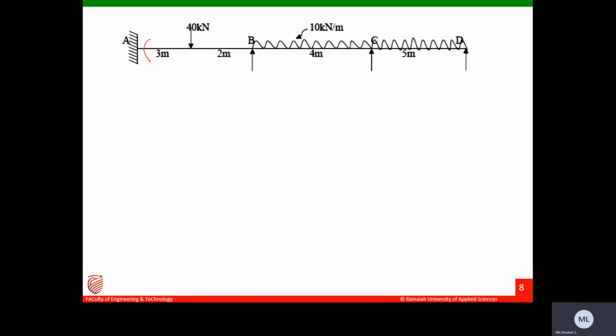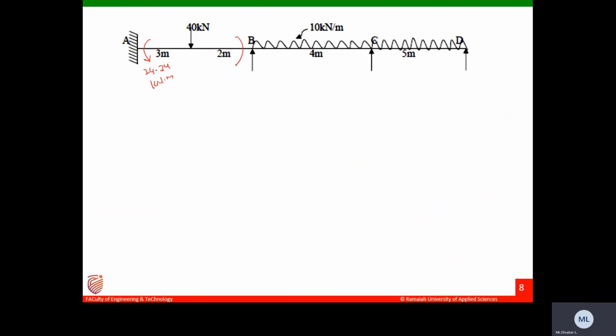Plus 24.34 kilonewton meter, you got 24.34, and this is also MBA is plus 18.34.